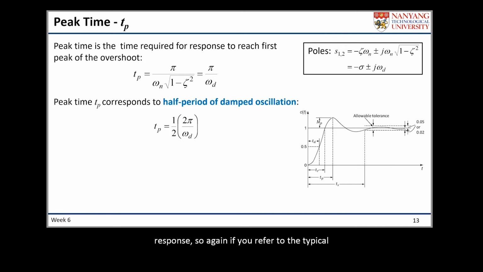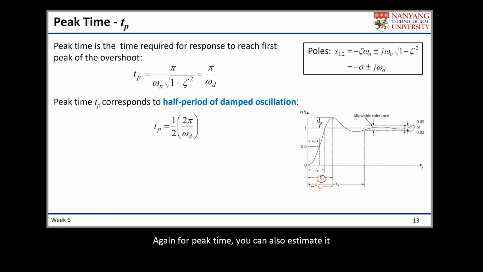So again, if you refer to the typical step response of an underdamped second order system, the response typically is like this. It is overshooting, and then the amplitude gets smaller until after some time the response reaches the steady state value. So peak time is the time required by the system to reach the first maximum.